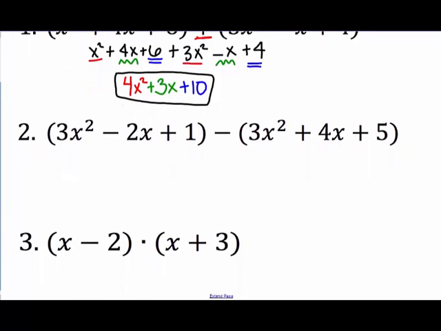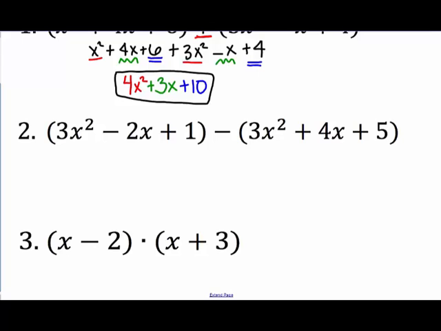For number 2, the first thing I'm going to do is notice that it is a subtraction problem. So I need to distribute my negative sign.